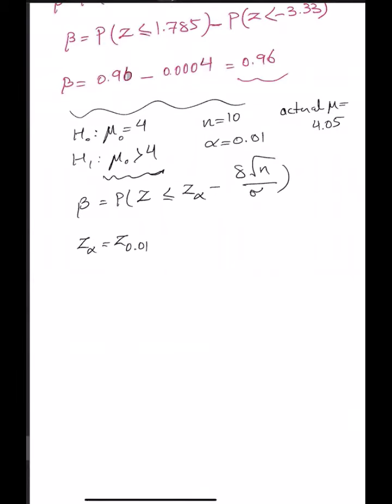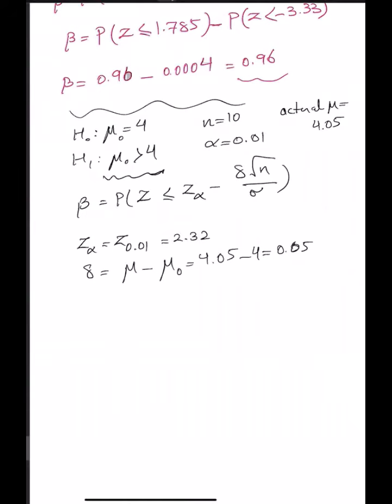So then Z of alpha is going to be 2.32. And then delta in this scenario is going to be the actual mu minus the one that we have in the null hypothesis. So that's going to be the same value that we had in the previous scenario, 0.05.